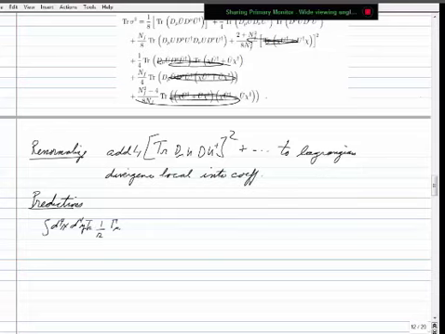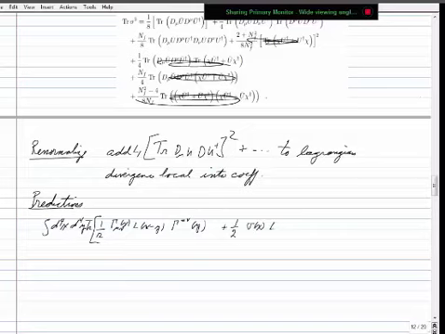Again, there's some things you can neglect here. You can neglect all these terms with these chi's. You don't need that guy, that guy, that guy, or that guy, because this is the massless theory.